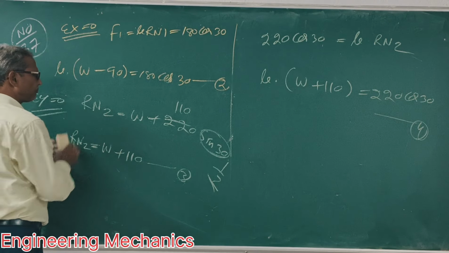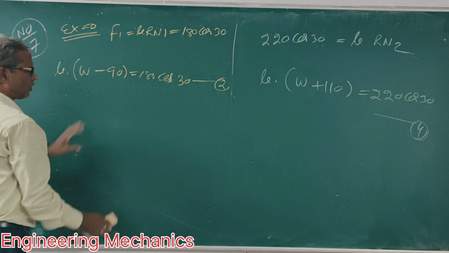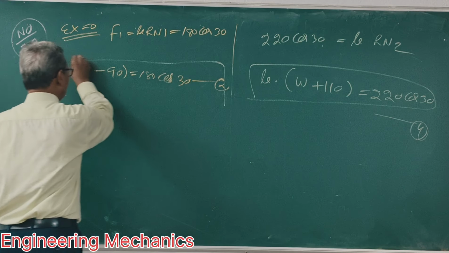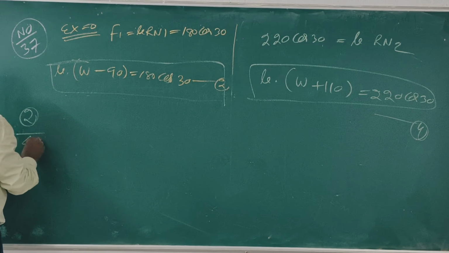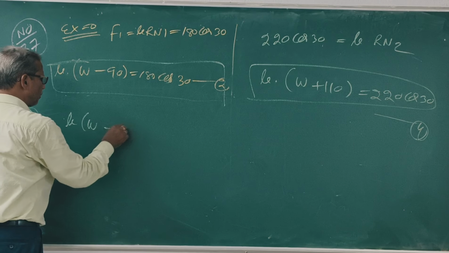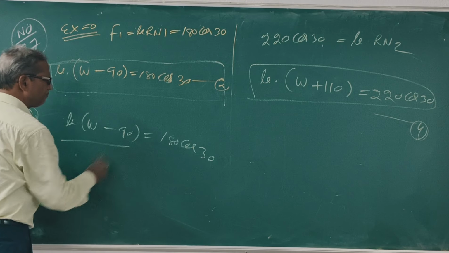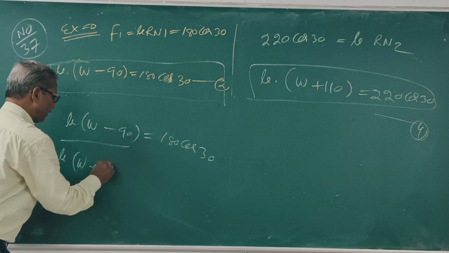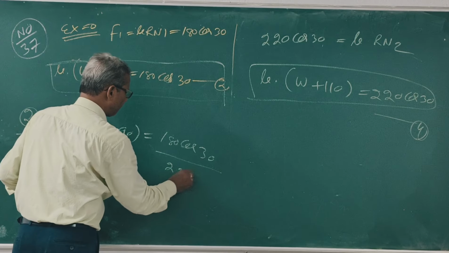Clear? Now, this is equation 2, this is equation 4. Now, equation 2 by 4. What is 2? Mu into W minus 90, equal to 180 cos 30, divided by mu into W plus 110, equal to 220 cos 30.